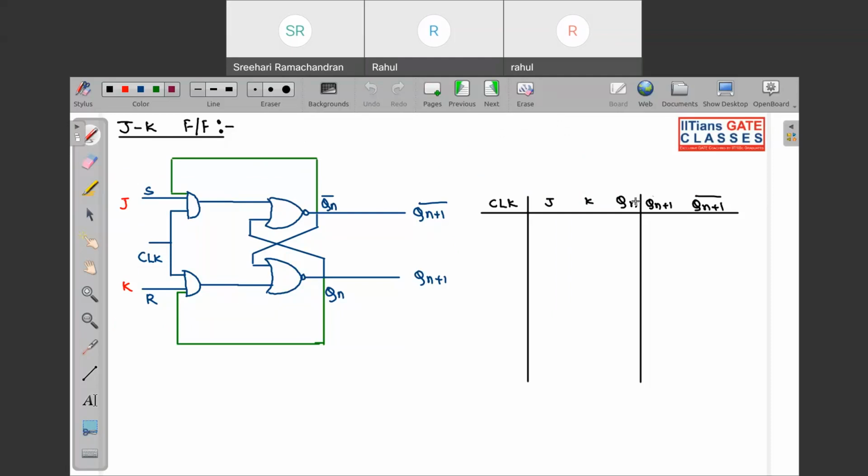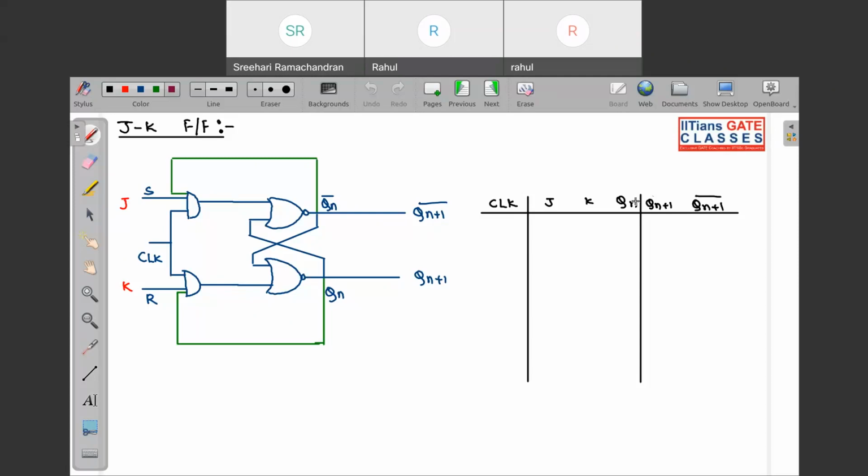So when was this invalid state coming? Invalid state was coming when both the inputs are 1 1 to either of the flip flop, or in a latch when both the inputs are either 1 1 or 0 0. In case of NOR latch, when both the inputs are 1 1, we had invalid.